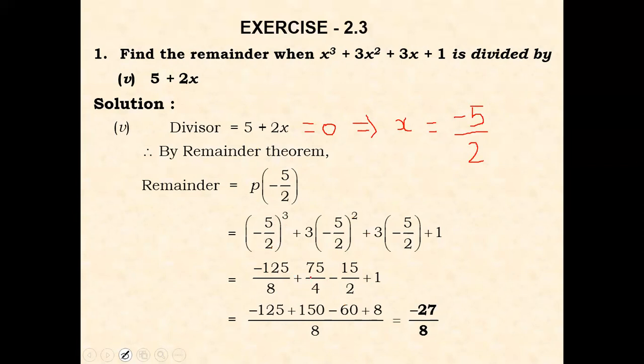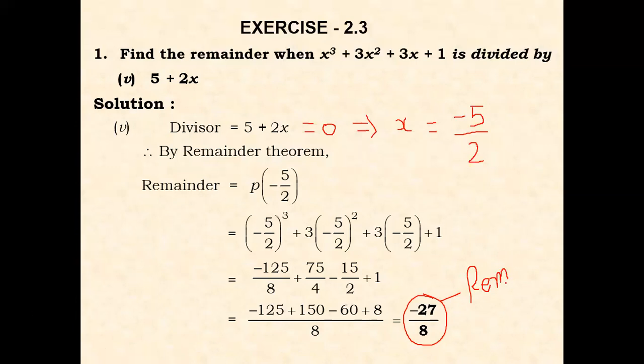So this is the involvement of both fractional addition and subtraction. So you have to revise if you are not clear about how to do the fractional addition and subtraction. So we have finally got the solution minus 27 upon 8 as the result. This is the remainder, and you can say that the remainder is a value that is not 0.